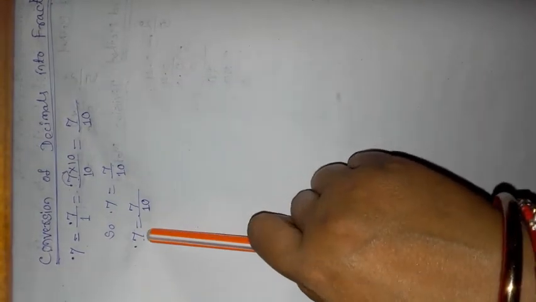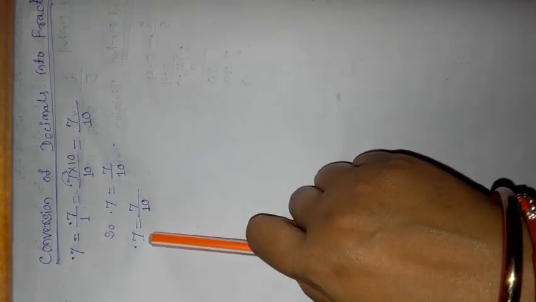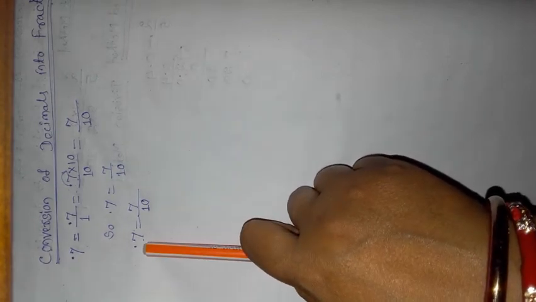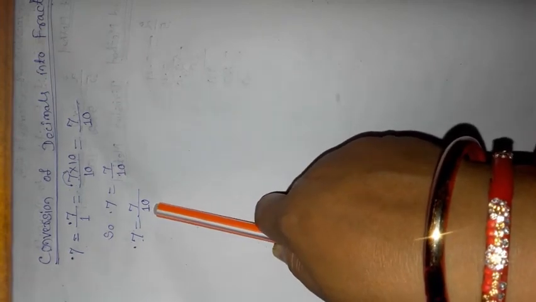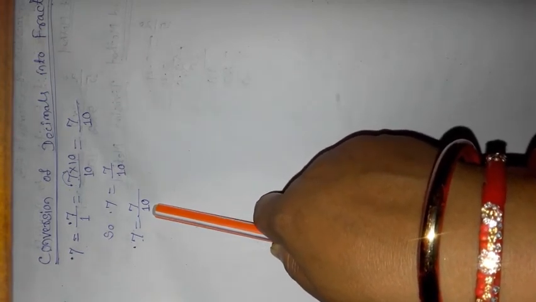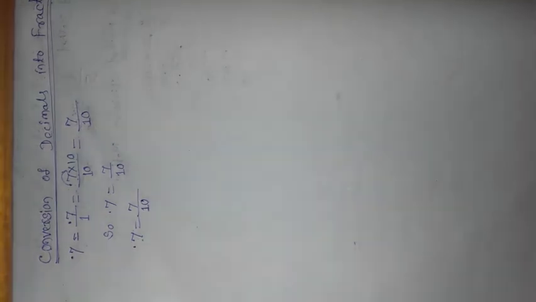Here only one place is after the decimal point, so put a single 0 with 1 in the denominator. So 0.7 equal to 7 by 10.